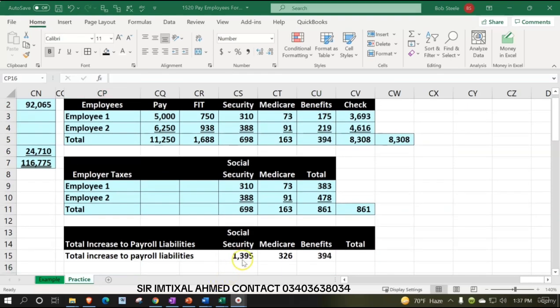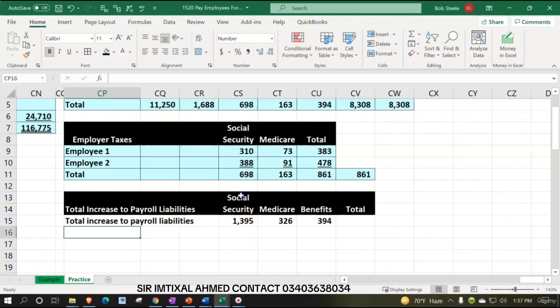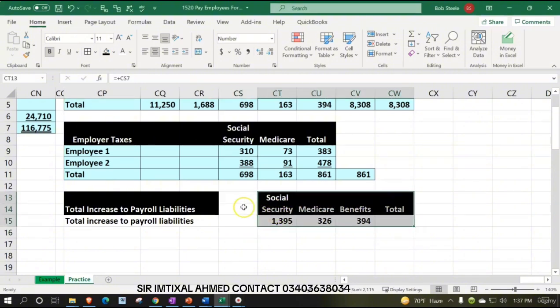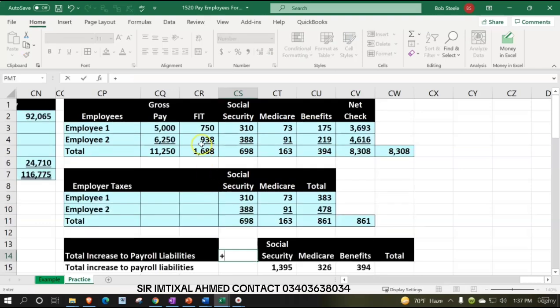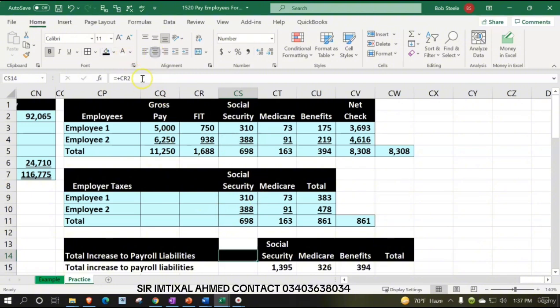And I'm missing the FIT. So the federal, I'm going to pull this over to the right. And I'm going to also add the FIT, federal income tax, which we withheld, that we're going to have to pay. Black, center, white, black and white up top.